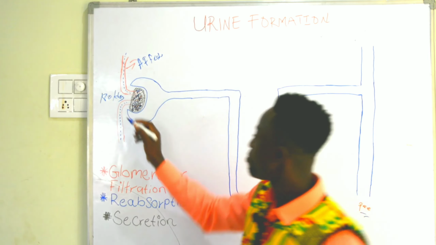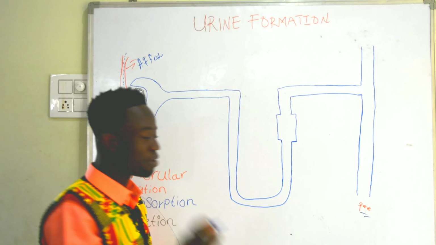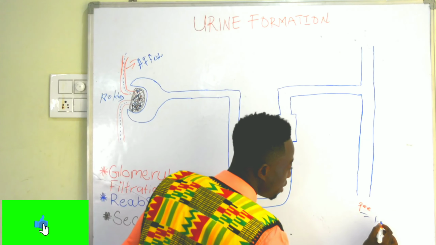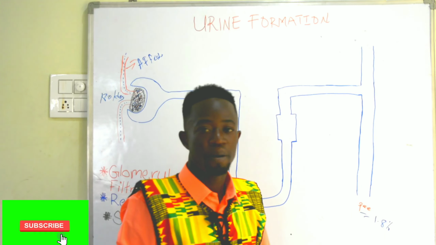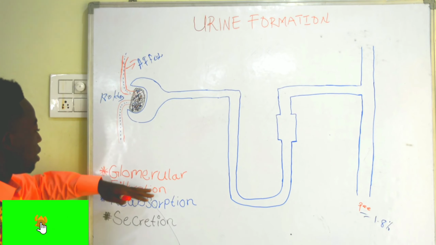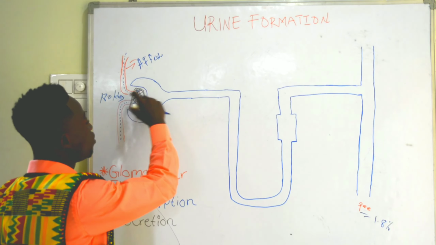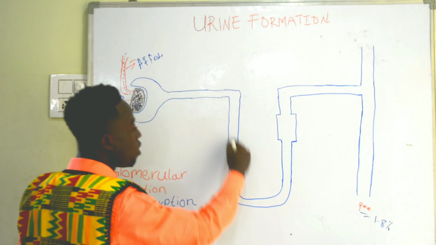So if 99% of 180 is reabsorbed, means that we pee 1.8 liters per day.